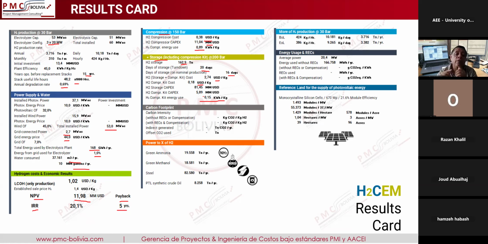It is also very important for the operation phase. You can see, for example, kilowatt hours per kilogram to compress hydrogen.